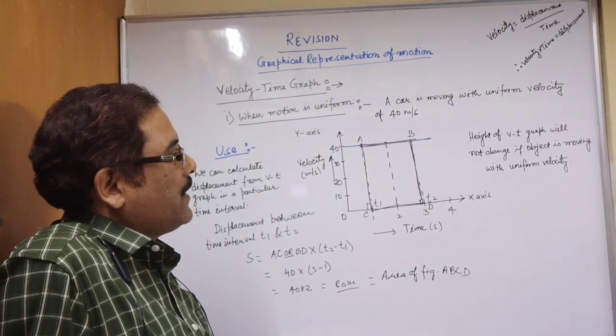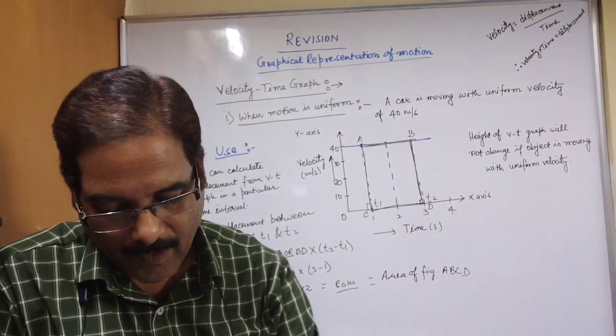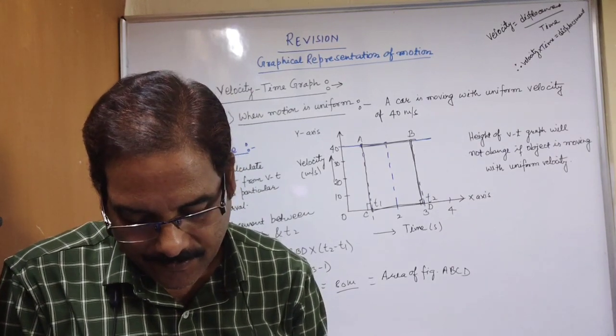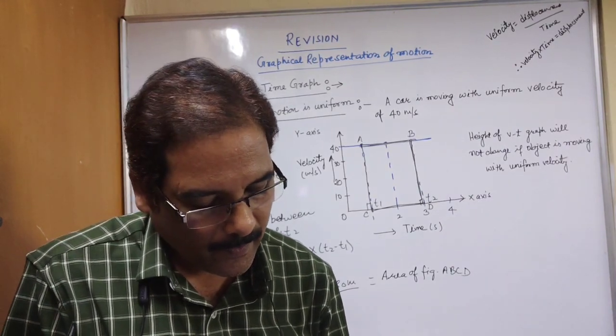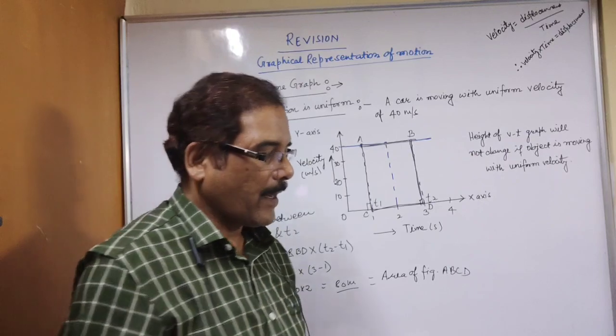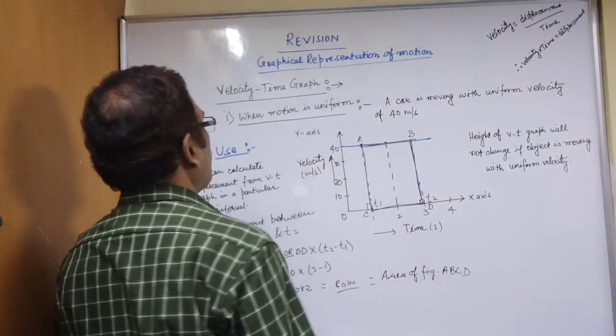Now we will discuss another type of velocity time graph where acceleration is uniform.